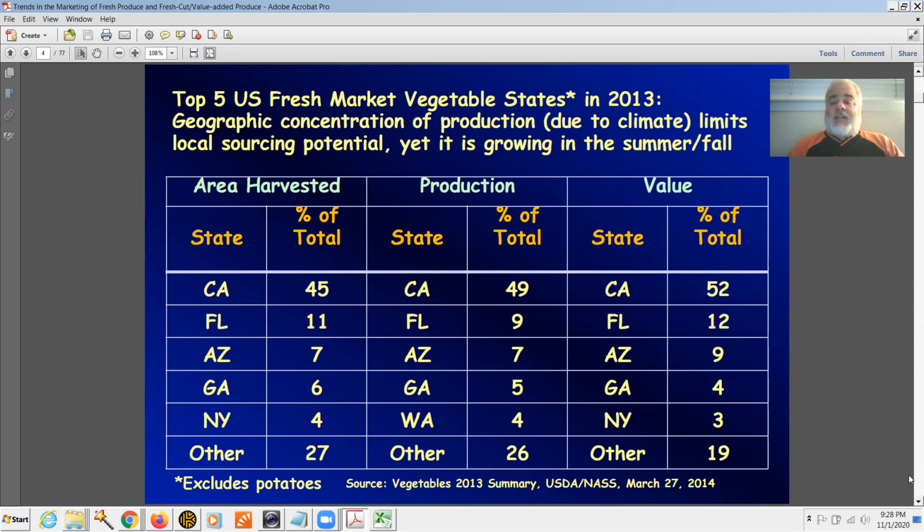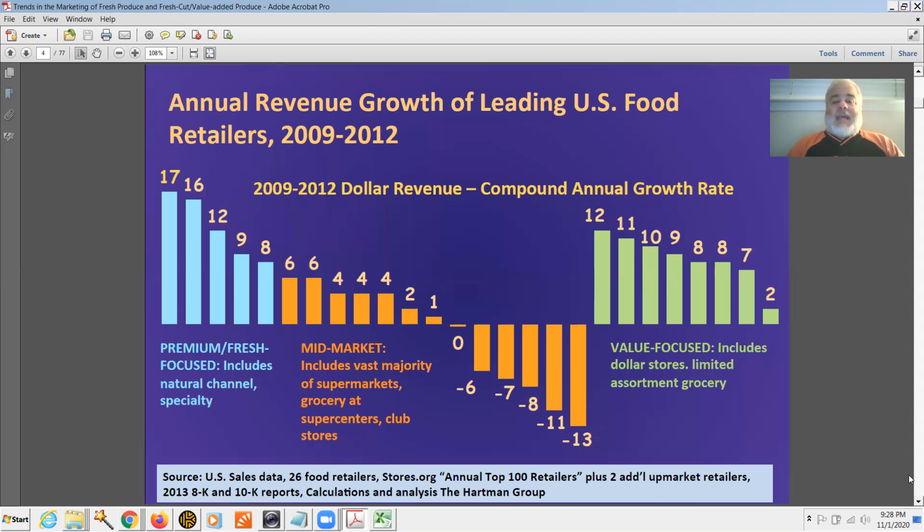Now, this is not an Excel class. This is a class on produce, fresh cut produce. And still, look at this presentation with ideas. Here is a column graph, and you'll notice that the column graph is set up where it also is showing negative numbers.